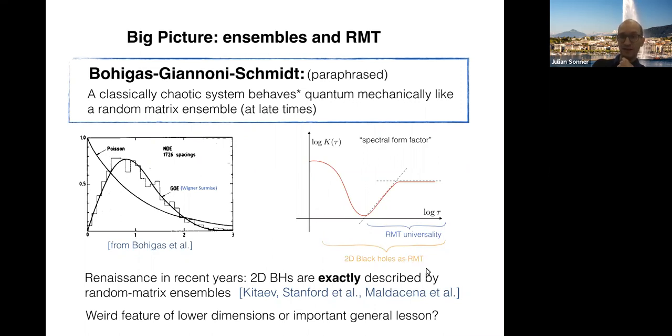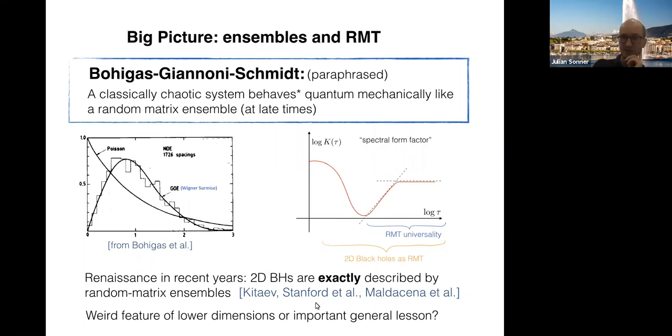So at all timescales, two-dimensional black holes are described by random matrix ensembles. And this has recently received a big boost again, because people were able to show this in the context of JT gravity, which came out of investigations of the SYK model, and so on. But we knew about this in some sense because of earlier work on two-dimensional gravity in a different way.